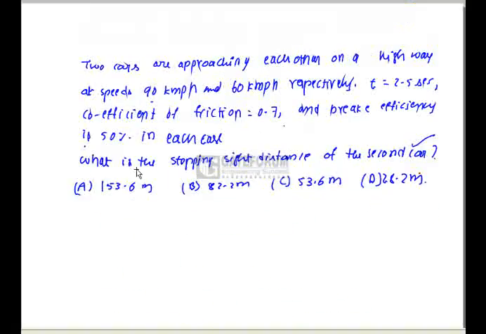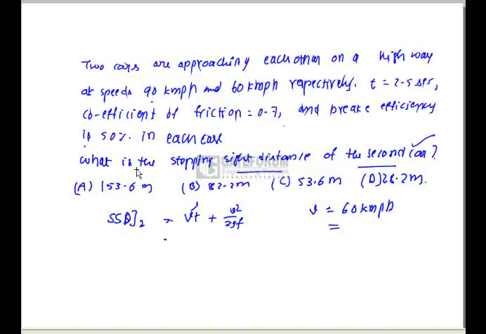In this question, similar to the above problem, we have to find out the stopping sight distance for the second car. Stopping sight distance for the second car is equal to the velocity of the second car into T plus V square by 2gf. Here V is 60 kmph, that is 16.66 meters per second.